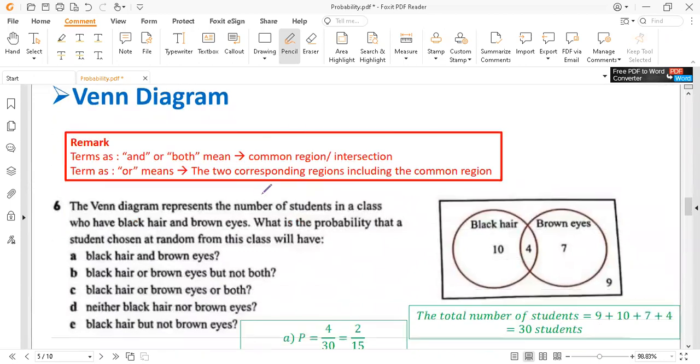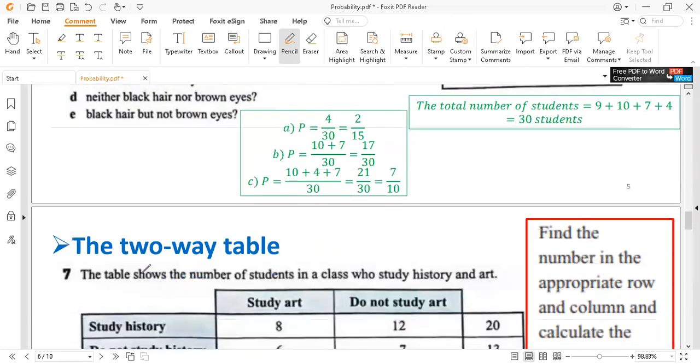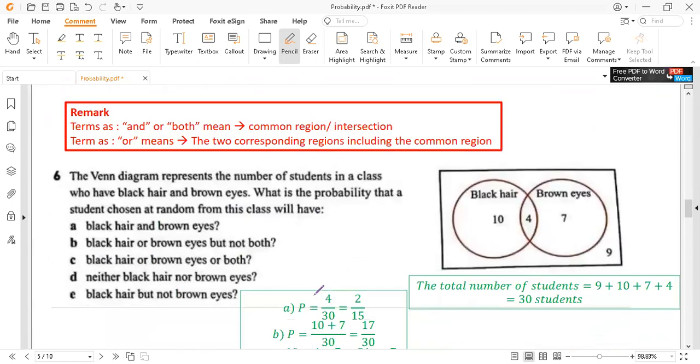We should know that the result of each experiment could be represented in different forms, like a Venn diagram or a two-way table. We have a lot of ways to represent the distribution, the spread of results.